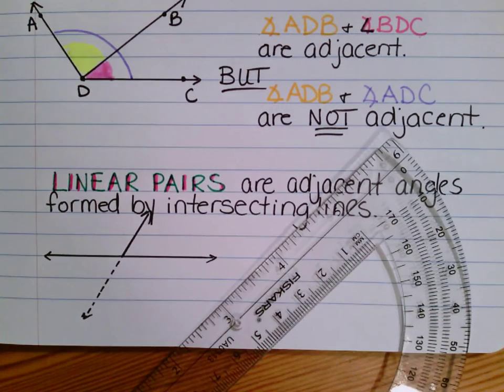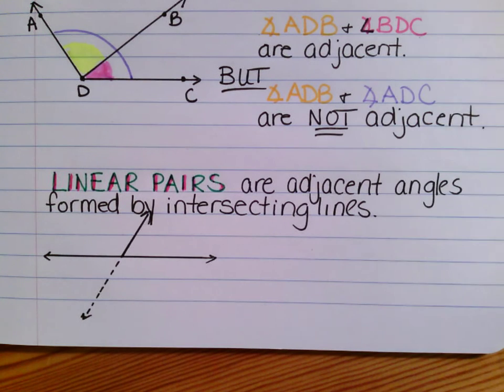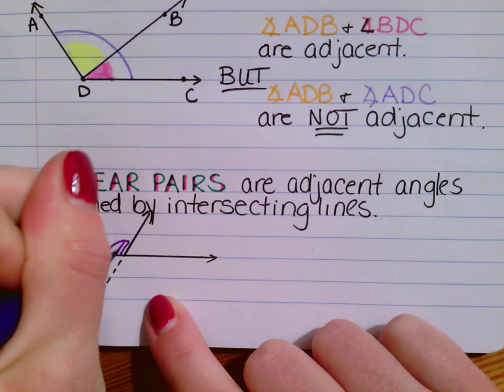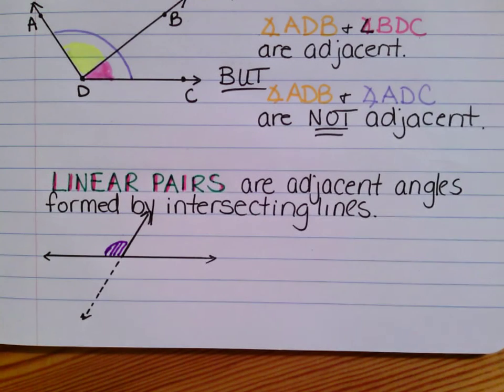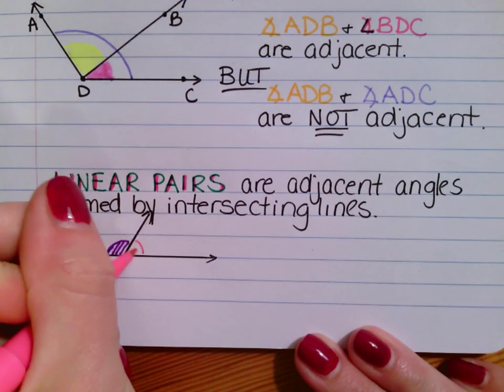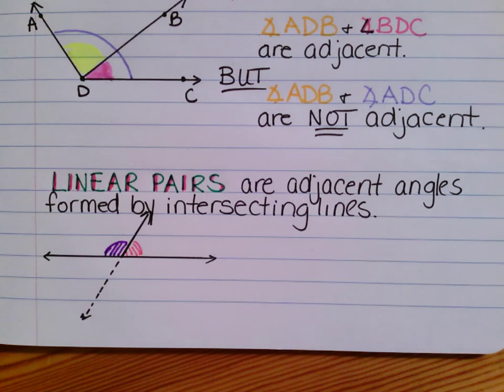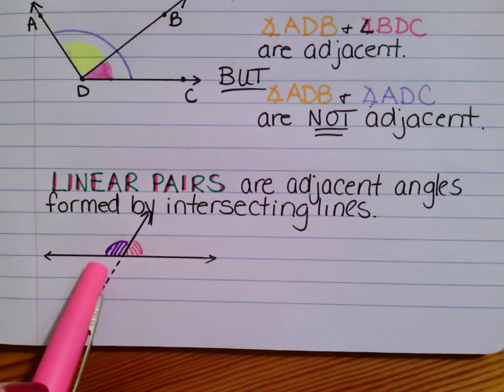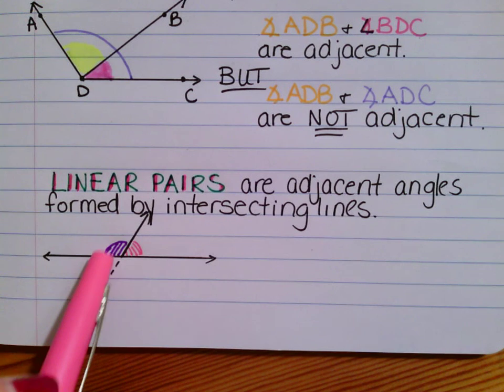If we focus on this angle here and this angle here, those are linear pairs. That's a picture of a linear pair. There's other linear pairs here. These two angles would be linear pairs. These two would make a linear pair. And these two would make a linear pair.